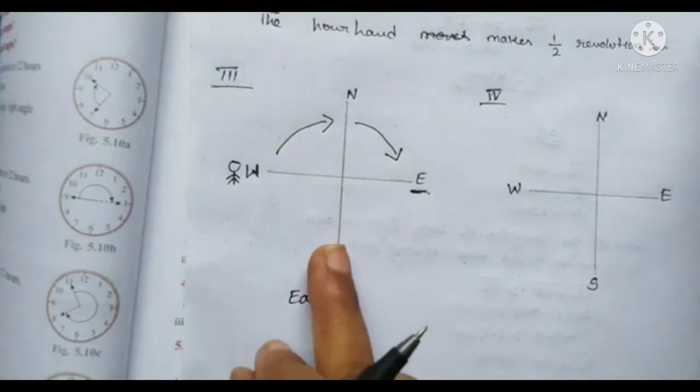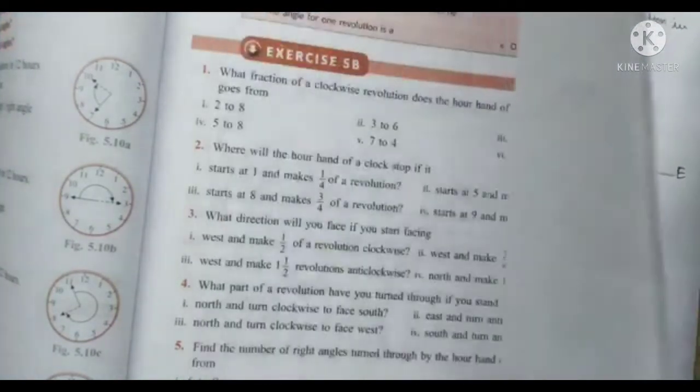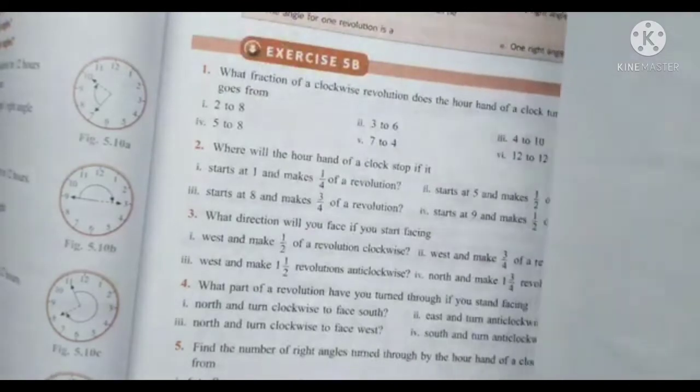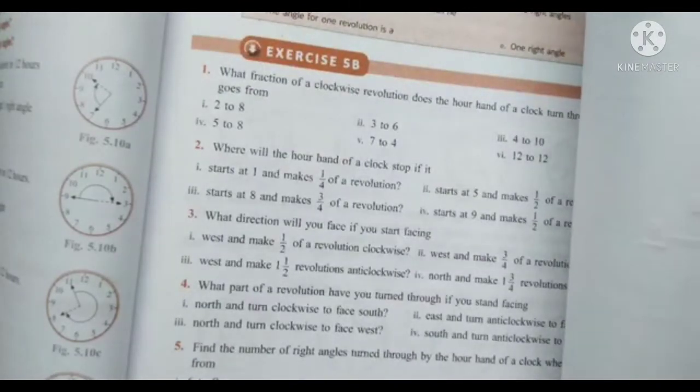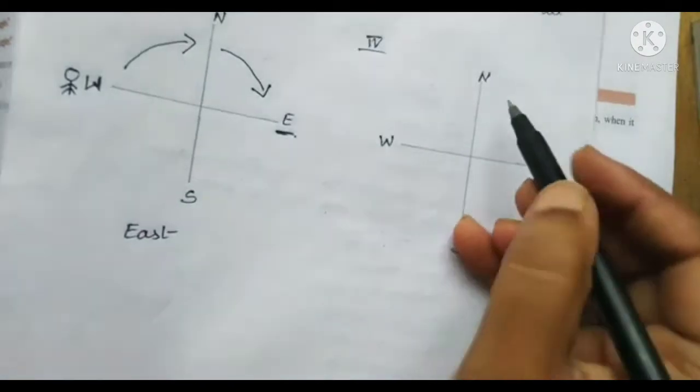Like this you have to do the question number 3. No need to write any statement. And see the question number 4. What part of a revolution have you turned through if you stand facing north and turn clockwise to face south? Where is north? Here.